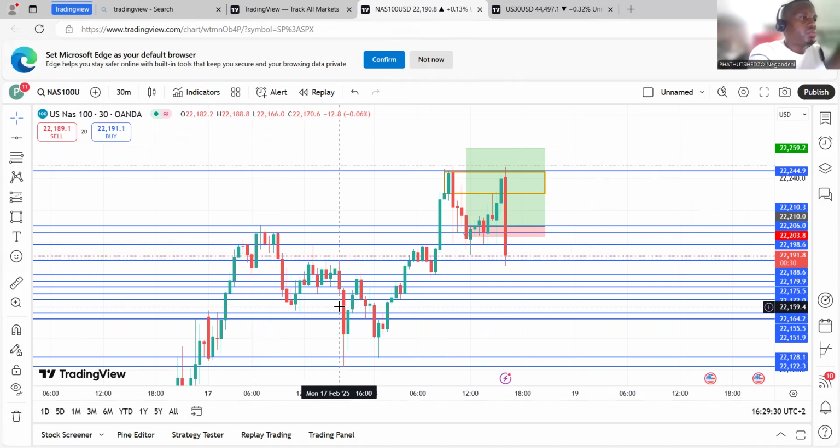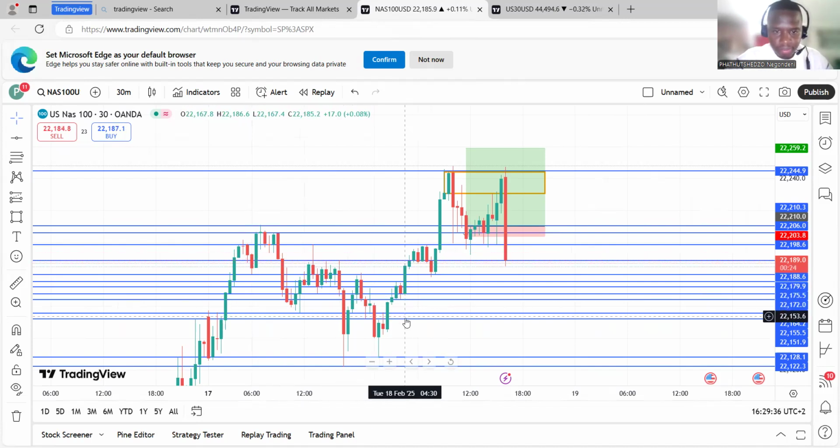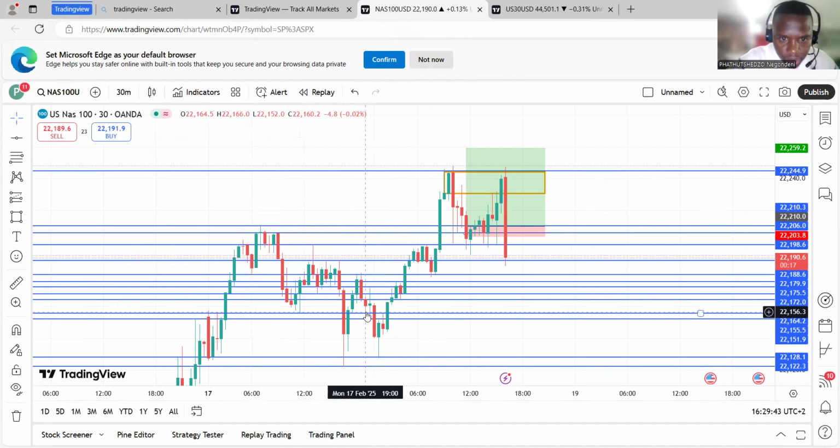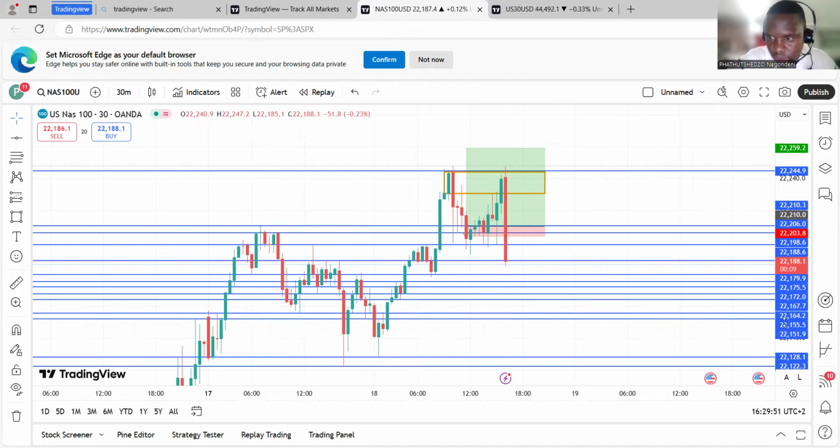So on Nasdaq, on this move, no, I didn't trail stop. I entered here, and my stop loss is just here. My stop loss on Nasdaq is on 22164. This way my stop loss is.